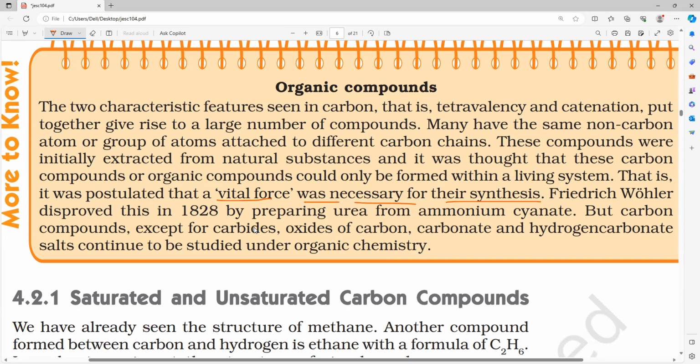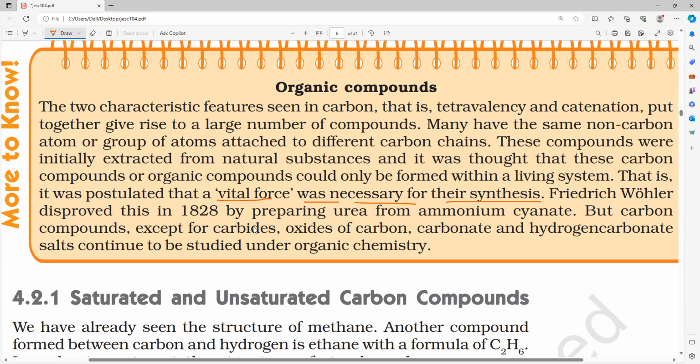It is not possible to prepare in the laboratory. This theory says the preparation of organic compounds is not possible in the laboratory. That is what we call the vital force theory.